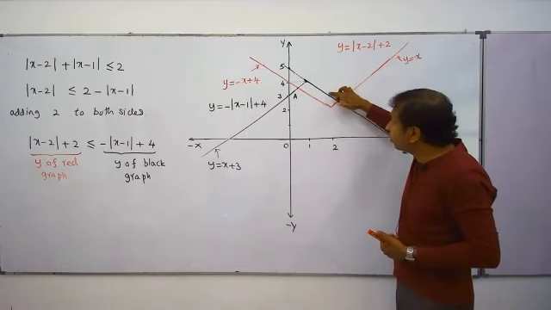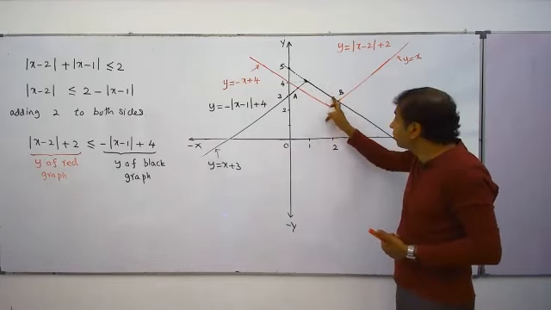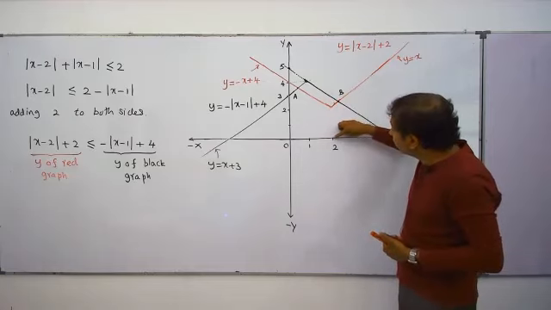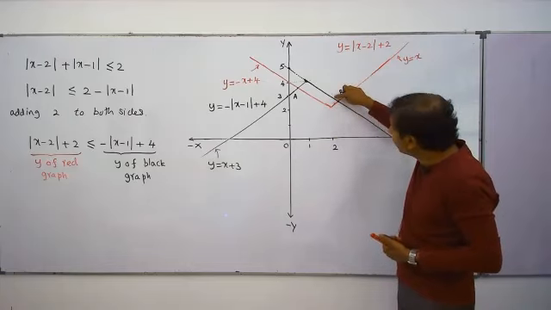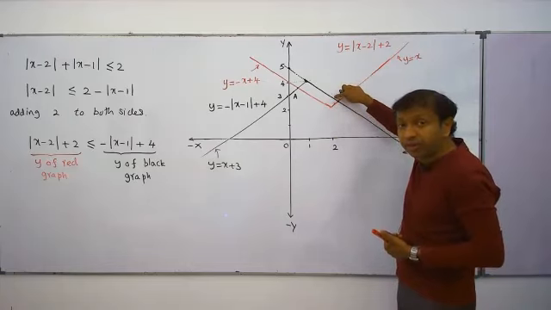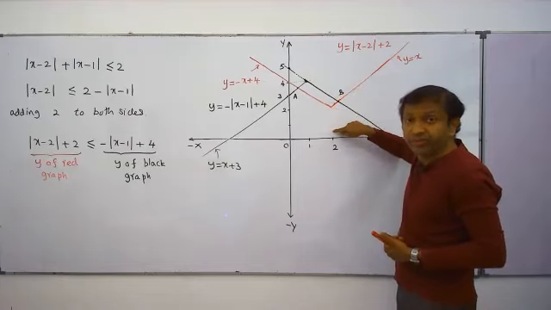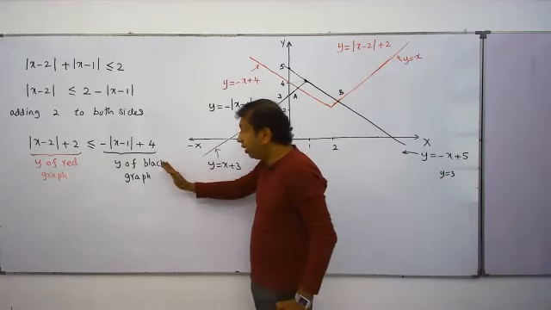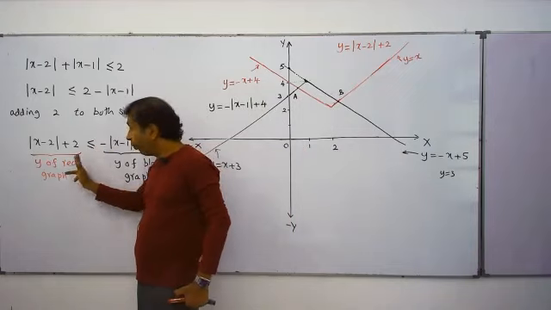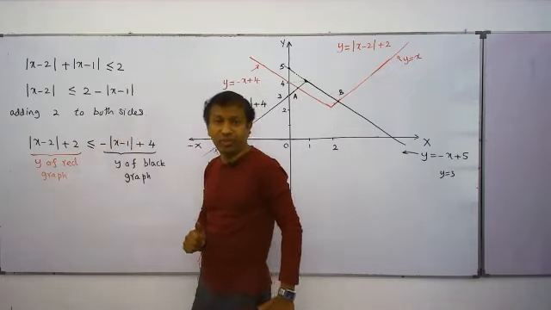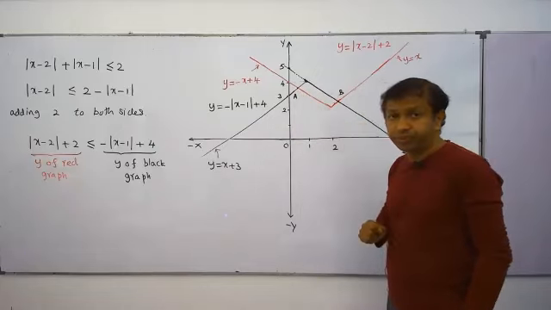When the black graph is above the red graph, it means, people, the black graph has a greater y value here. Take this height from the x-axis to the black graph here. From here to here, the height to the black graph is greater than that of the red graph. So therefore, y of the black graph greater than or equal to y of red graph occurs, people, between the points A and B.